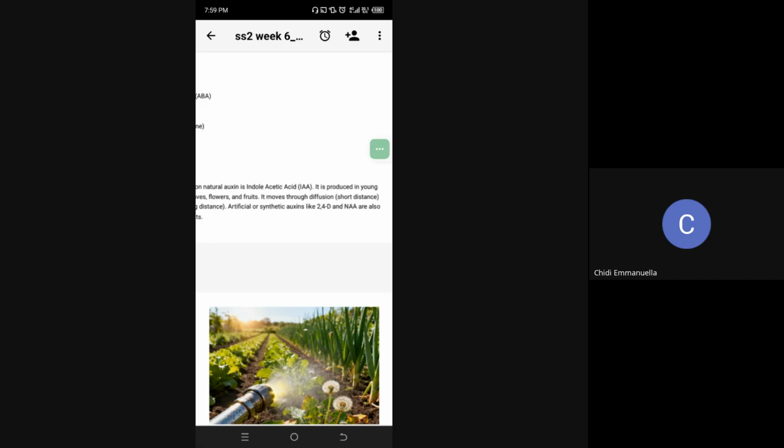Parthenocarpy. So parthenocarpy is a situation whereby a plant produces fruit without fertilization. That is, fertilization is not involved in this process, which leads to the coming together of the male gamete and the female gamete.